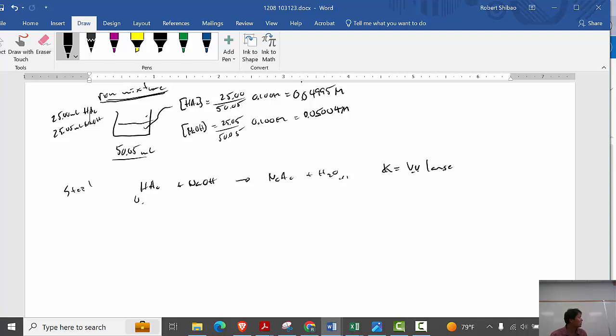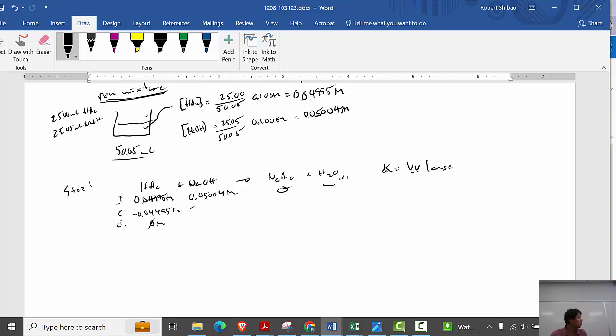So we have to look at what the limiting reagent is. In this case, the limiting reagent is the acid, 0.04995. And the excess reagent is the base, 0.05004. The limiting reagent is completely consumed. We end up losing all of it, minus 0.04995.